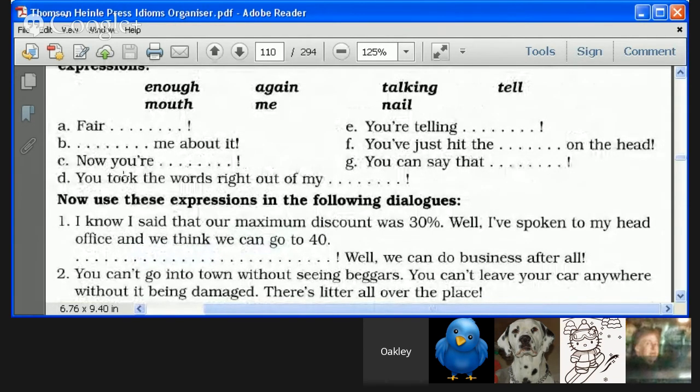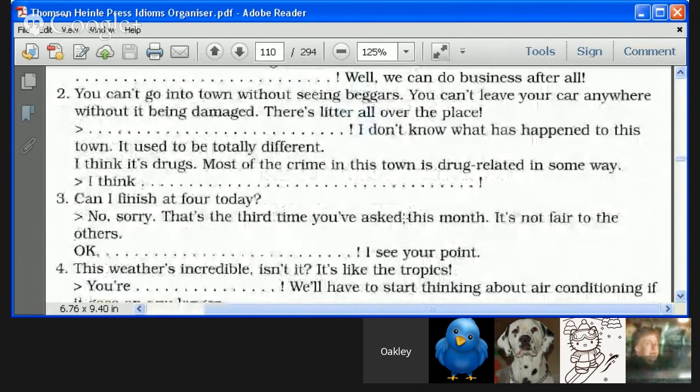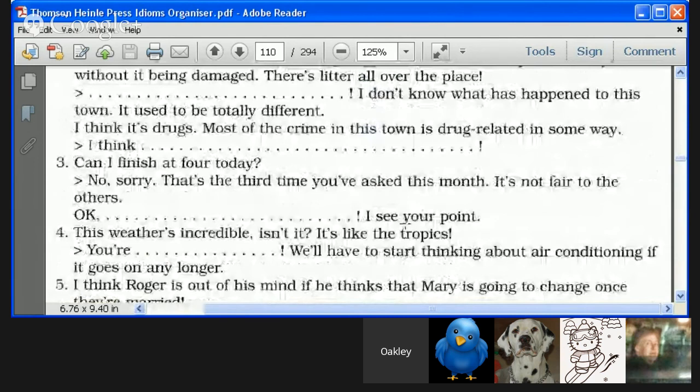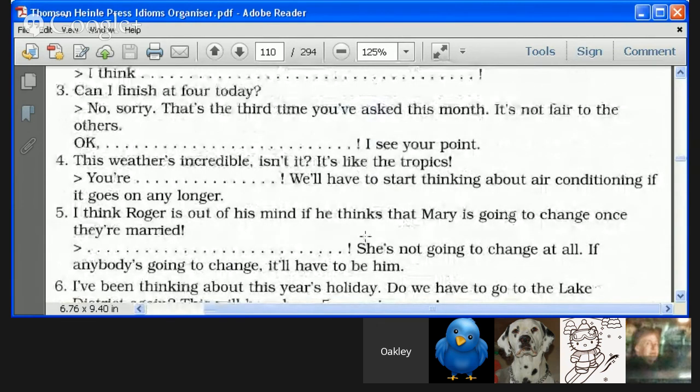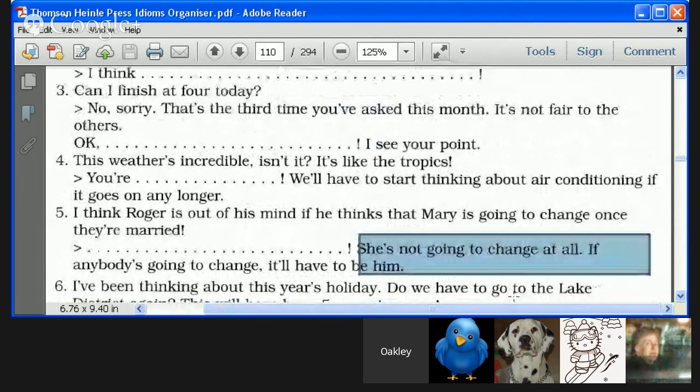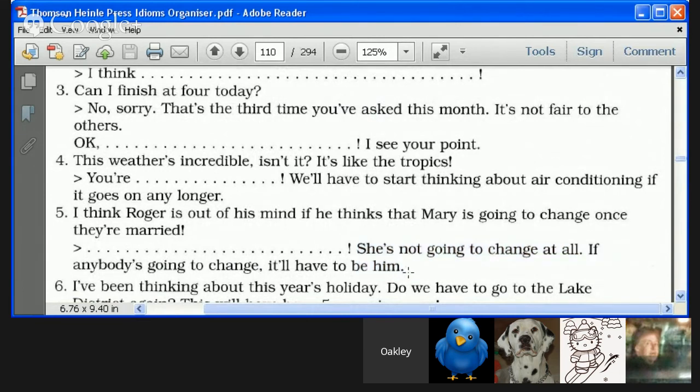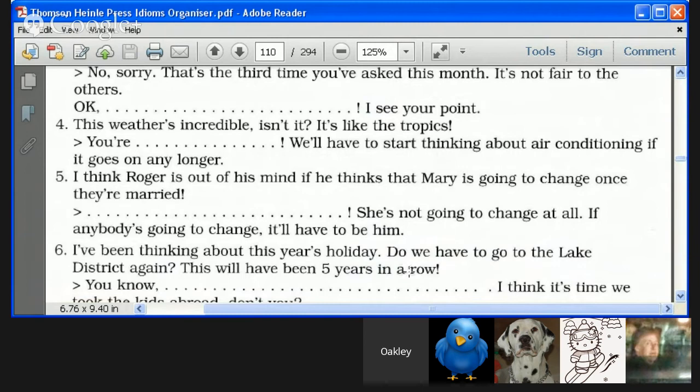You took the words right out of my mouth. And then he's giving more points. She's not going to change at all. If anybody's going to change, it'll have to be him. Yeah. Okay. That's probably right.